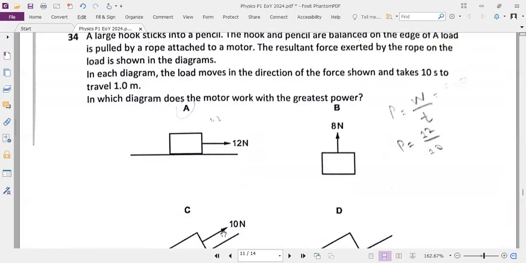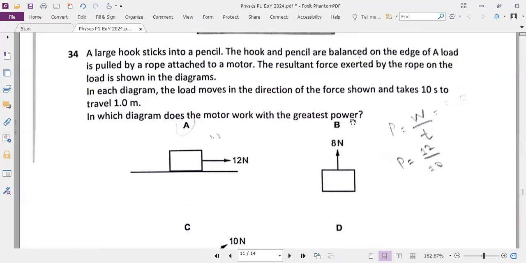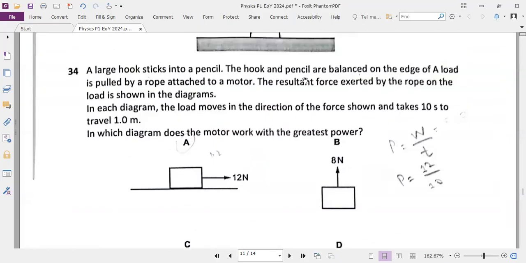Why haven't we considered these two? Well, look at the question. It is saying that the load is pulled by a rope attached to a motor.